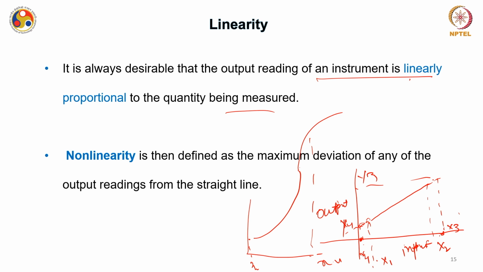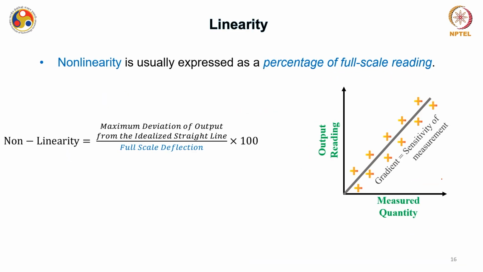Now, if I understand this linearity, the non-linearity is just opposite to that. Non-linearity is defined as basically the maximum deviation of any of the output reading from the straight line or the linear part. Mostly this non-linearity is expressed as a percentage of full scale reading.